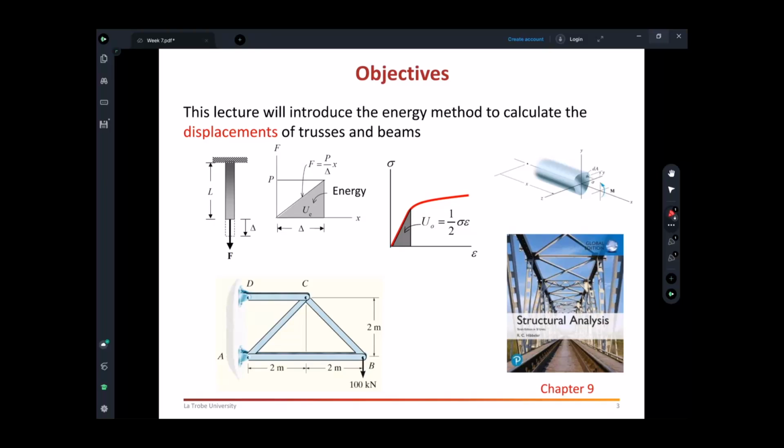Look, deflection is not a parameter that will recognize the failure of structures. Let's say I am sitting on the chair right now, and I'm sitting on a beam. This beam under the load will deflect by some amount, right? But this deflection does not tell us whether the beam is going to fail or not.